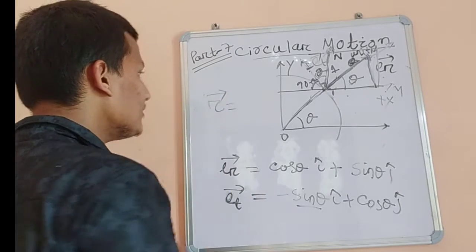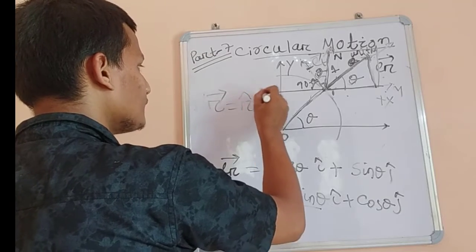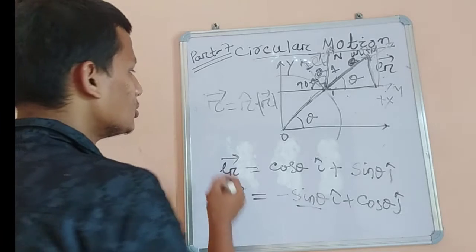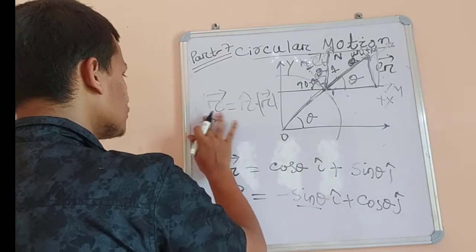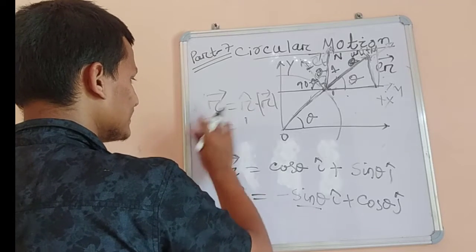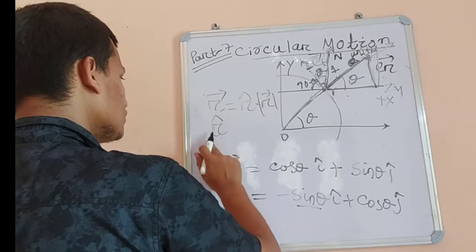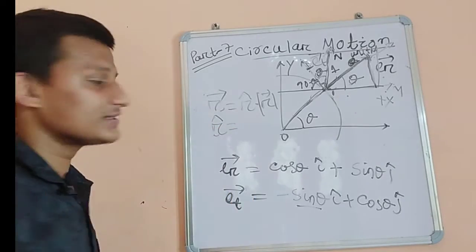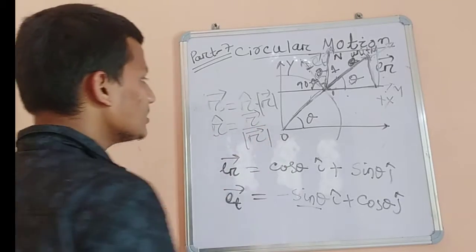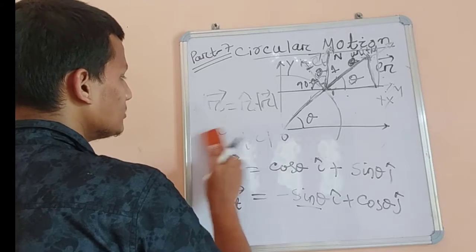The radial vector is equal to the unit vector into the modulus of the radial vector, because any unit vector is represented as the vector upon its magnitude. So like this, r vector equals r cap into r vector modulus.